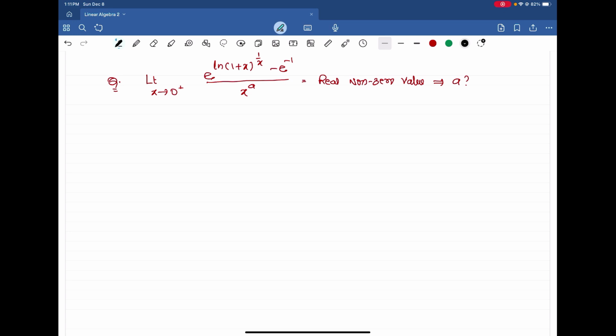Let us see. What does ln (1 plus x) to the power of 1 by x mean? This can be written as e to the power of ln (1 plus x) by x. Can we write like this? Yes, we can. Go back to your prelims of e to the power of logarithms.